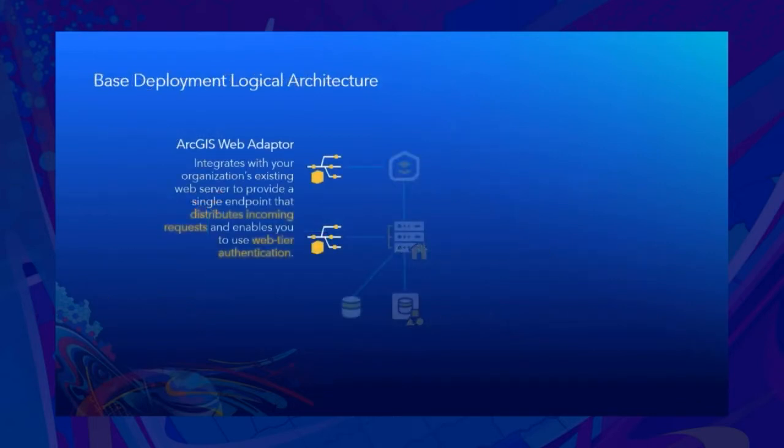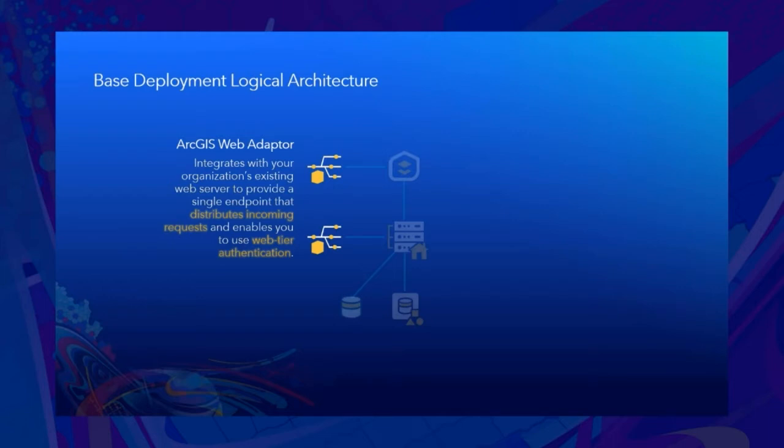Let's break these pieces down a little bit more and talk about what they are and what they do and how they function within our base deployment. The ArcGIS Web Adapter is a piece of software that's going to integrate with your organization's web server and give you a single endpoint that distributes incoming requests and enables you to use web tier authentication.